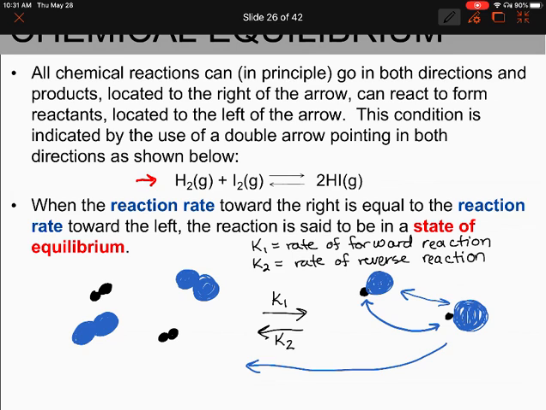So when K1 and K2 are equal, then we have reached equilibrium.